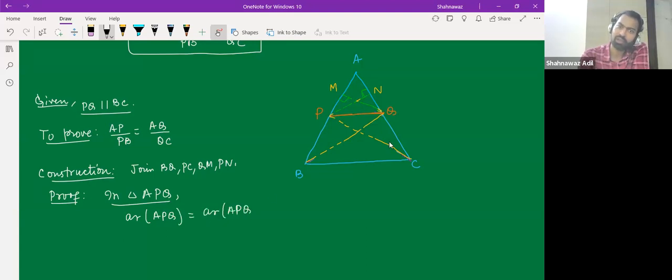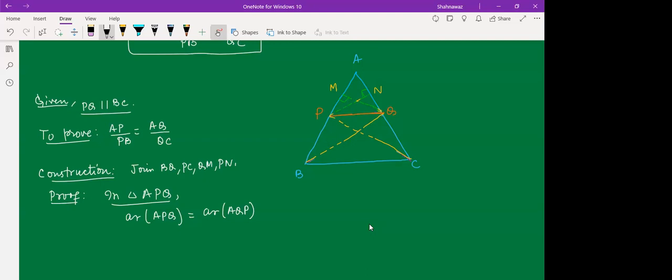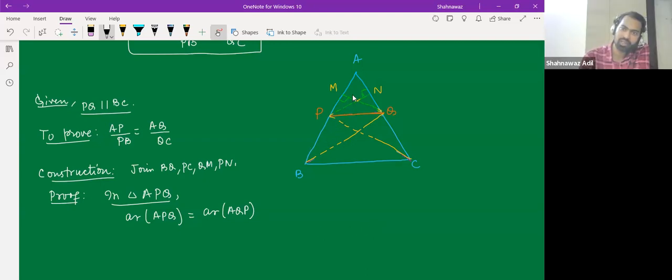Right. I can also write AQP. So let me write it as AQP. Area of triangle APQ is equal to triangle AQP. Understood? Yes, sir.